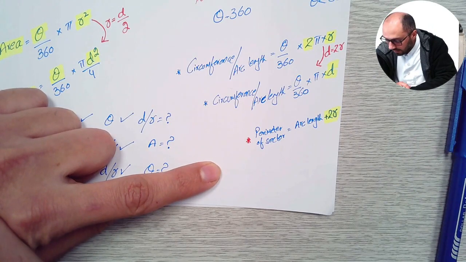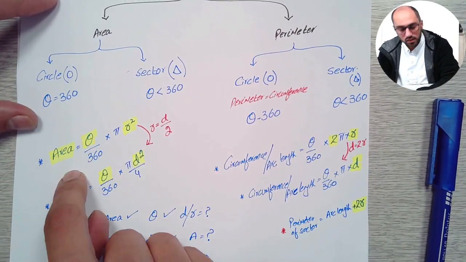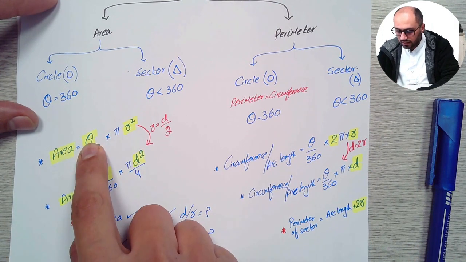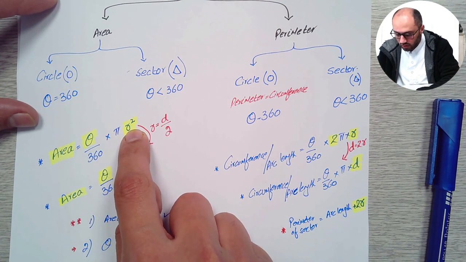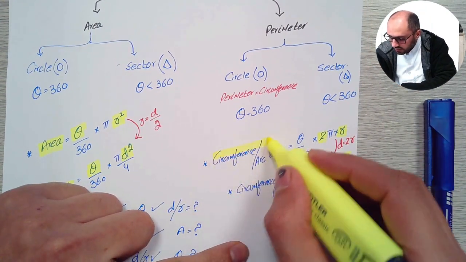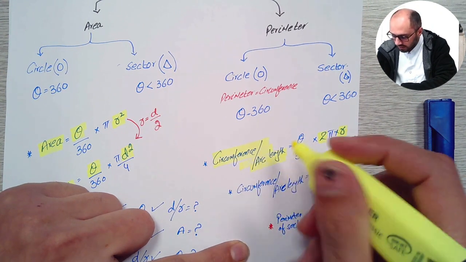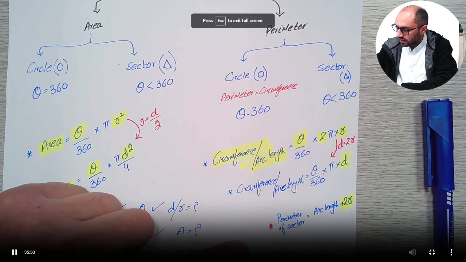Just like in case of area formula, we've got 3 unknowns: area, angle, and the radius or the diameter. We also have 3 unknowns for these formulas as well. It's going to be either the circumference or arc length, the angle.